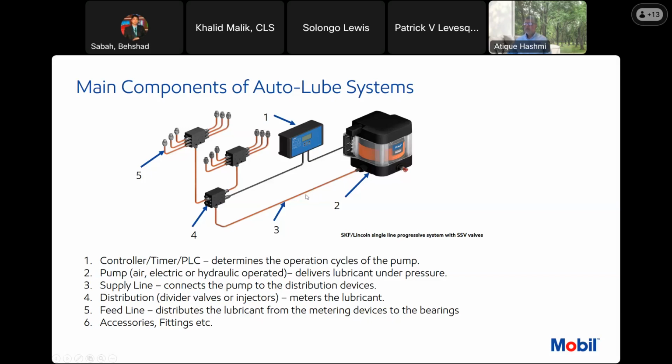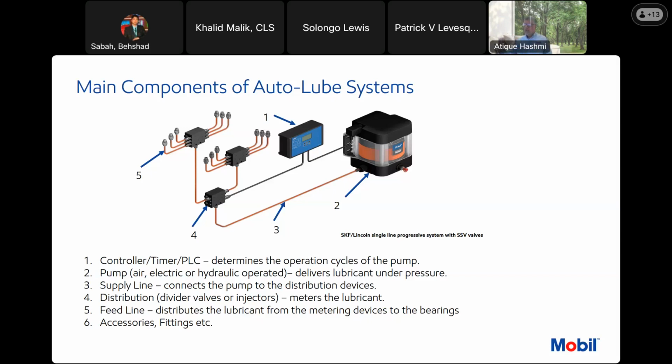entrap in, let's say, in the supply line. So first, to answer your first question, this is just a very small SKF pump in the picture. But if you have a dual line system, for example, in a steel plant, or in a large paper manufacturing facility, if you have a large steel reservoir, you can monitor through some devices which can send signal that the reservoir is getting low, the level is getting low.